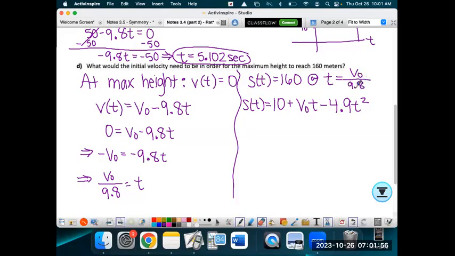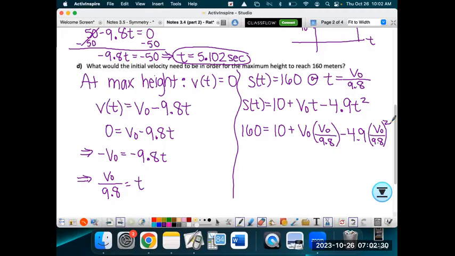So using my time of initial velocity divided by 9.8 and my position of 160, I'm going to plug that information in and solve for that initial velocity since that is now my only variable. I am going to use, again, movie magic.